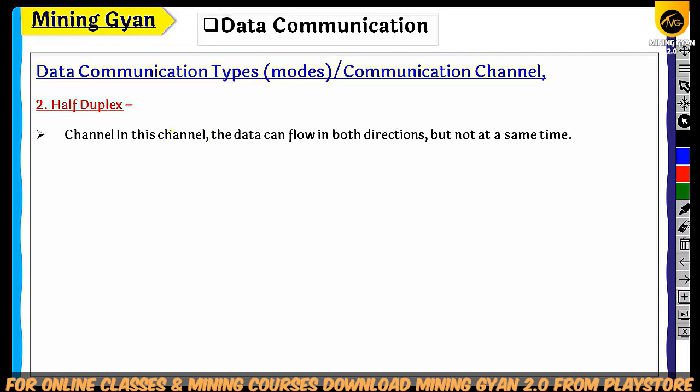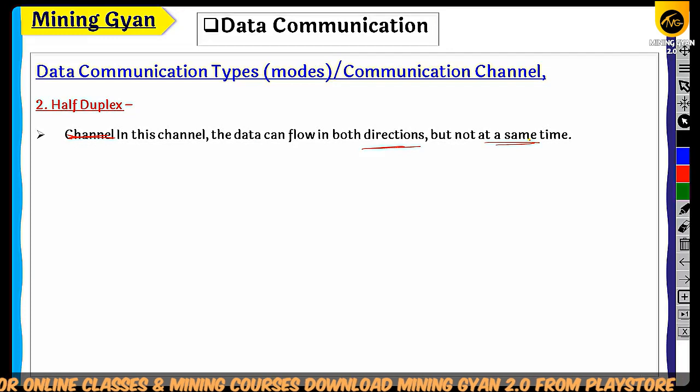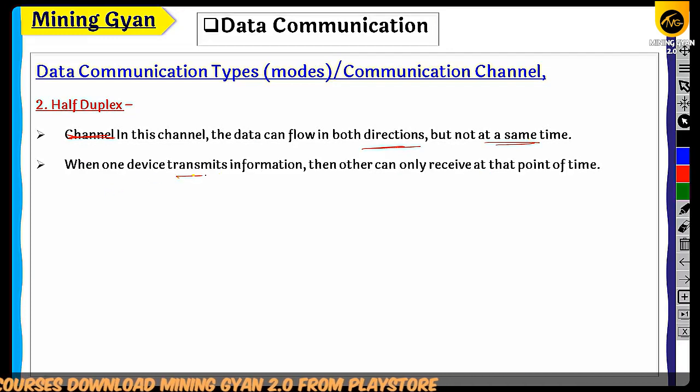In this channel, the data can flow in both directions but not at the same time. So this is not unidirectional. When one device transmits information, the other can only receive at that point in time.